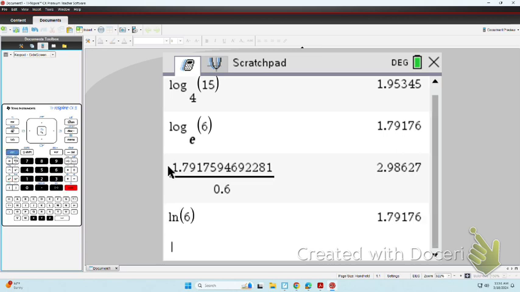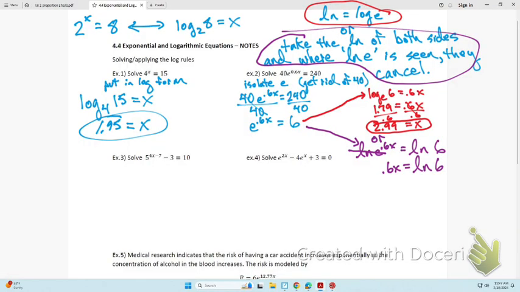And look at that, we get 1.79. We've seen that number before. x is still 2.99. I think that 1.79 is rounded, so you might get 2.98. As long as you get 2.99, 2.98, you're good. So pick the red way or the purple way. I actually prefer the purple way.